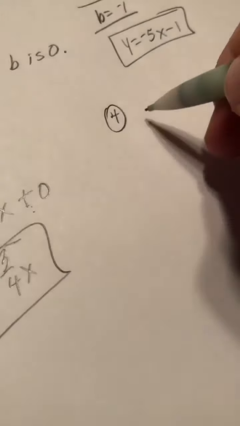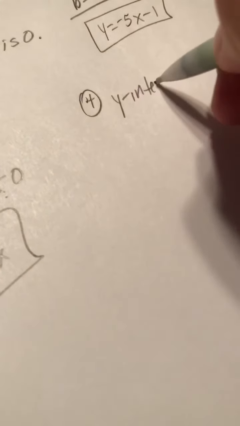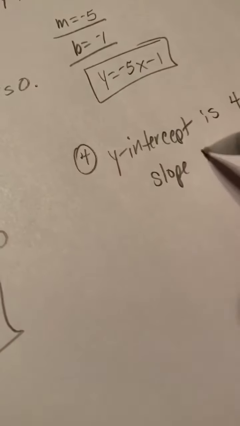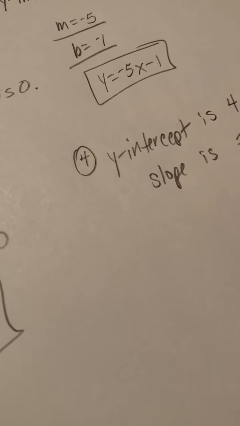How about number 4? What if they say the y-intercept is 4 and slope is 0? Let's say they word it that way. All right, so stop here.